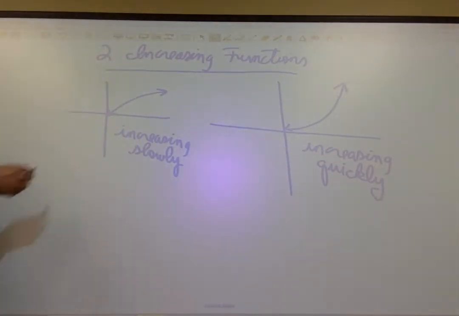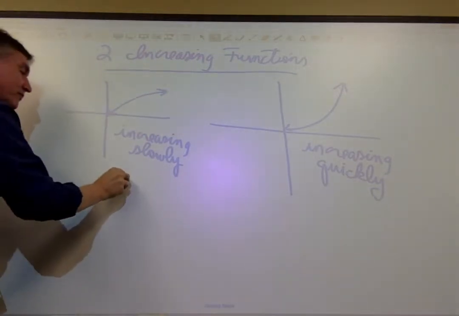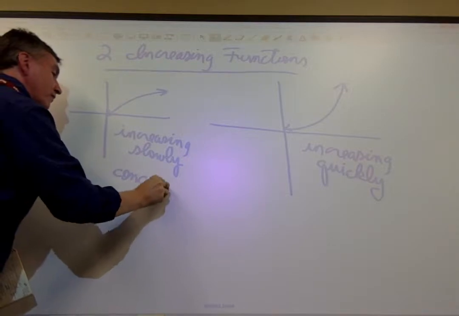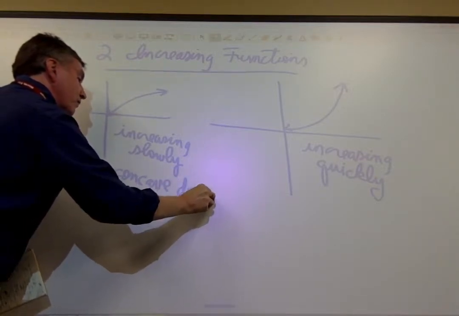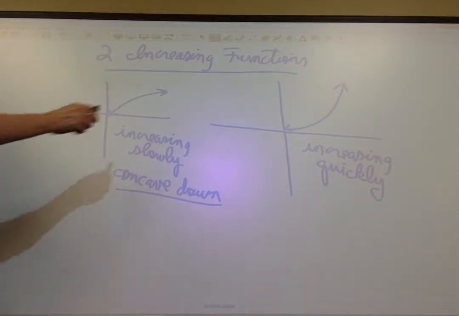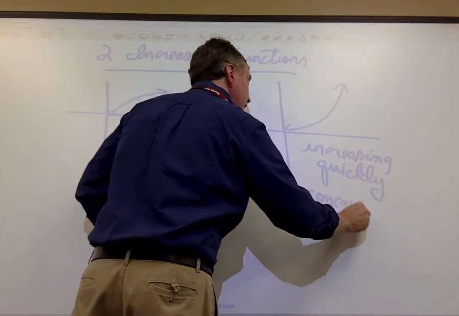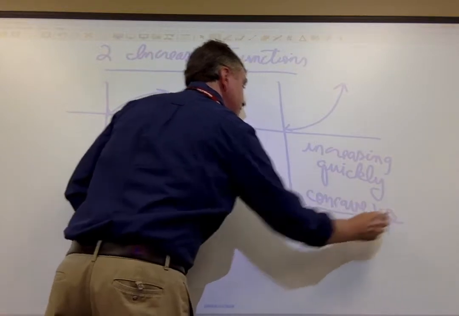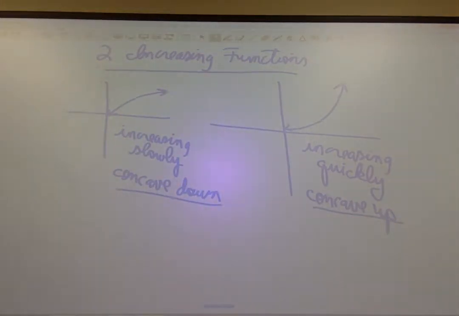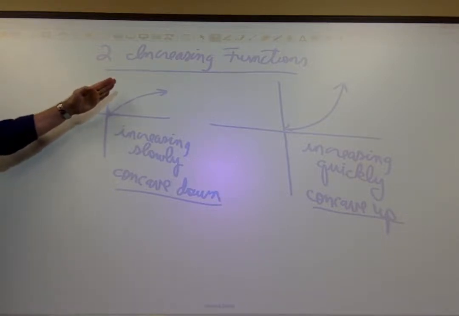Like I said, you notice this is curved downward. It's concave down, isn't it? Curved downward. This one is concave up, curved upward. Think about this. What if I took different points on this first one and we looked at the derivative?